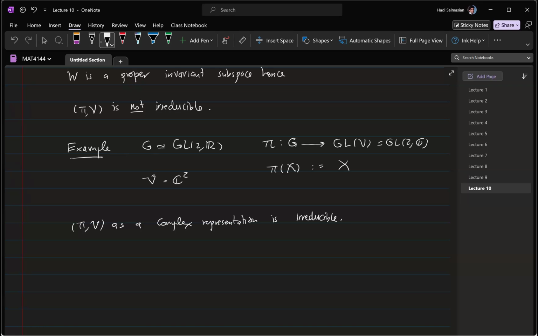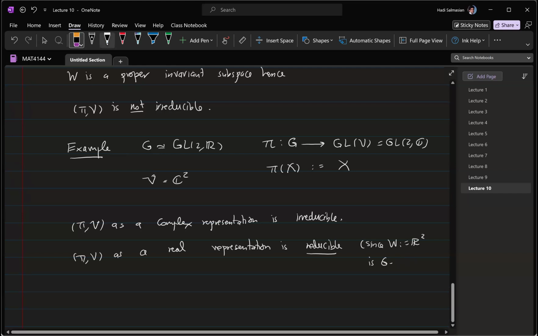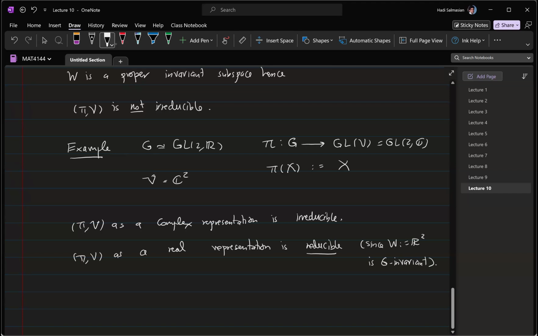But pi V as a real representation is reducible, since W equal to R2 is G invariant. Okay, all is good?